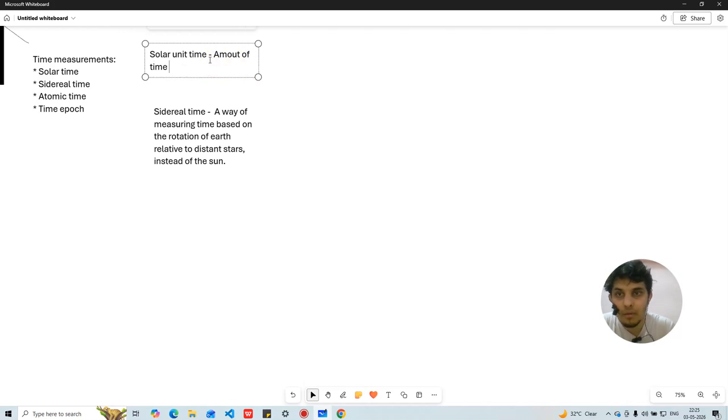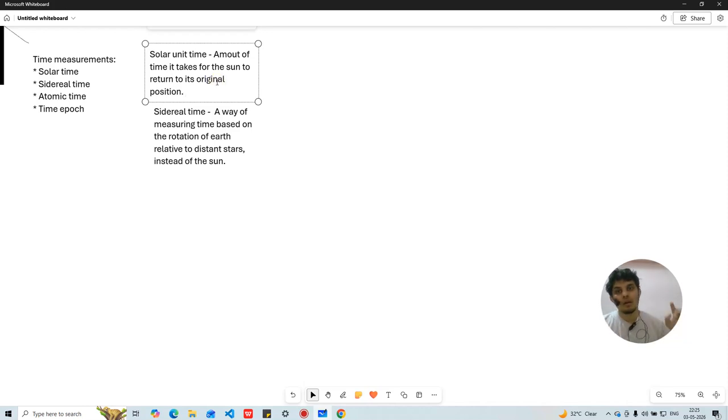Amount of time it takes for the sun to return to its original position. Okay, makes sense. So I see the sun up somewhere after one solar day at the exact same point. When the sun is at the exact same point, I have one solar day.